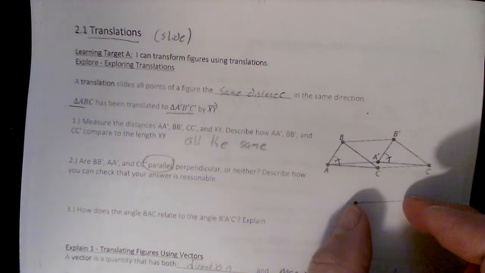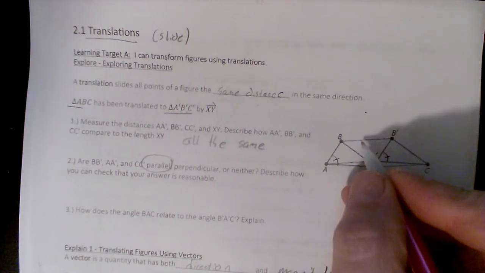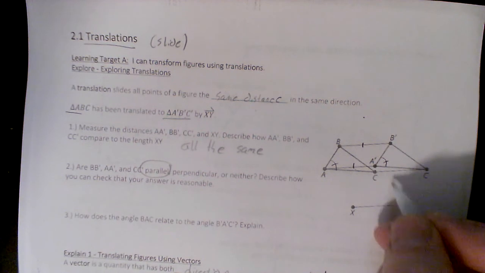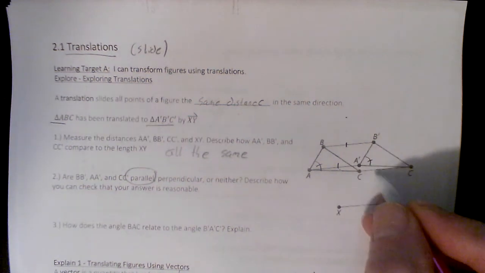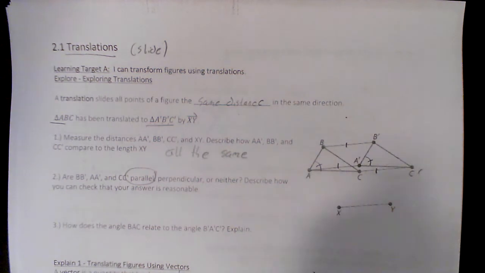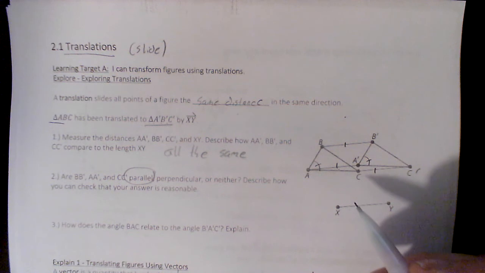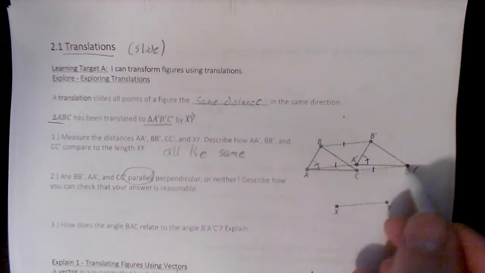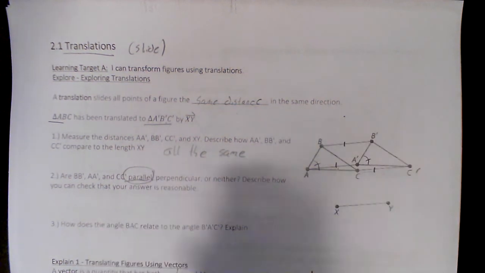So we've copied this vector here, here, and here, and all of these distances. Every distance that you see from A to A prime, B to B prime, and C to C prime are exactly the same. So it qualifies as a translation because it's the same distance in the same direction. This makes all of these slides, since it's the same distance in the same direction, parallel to each other.